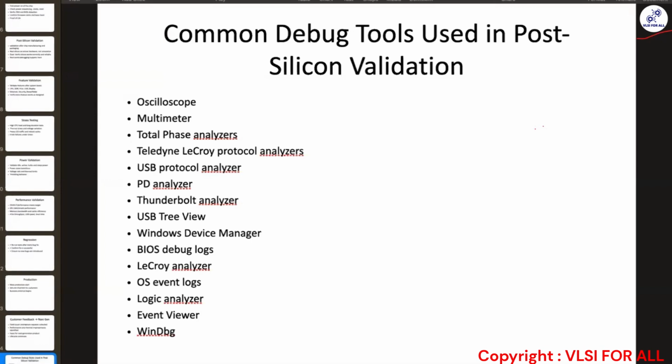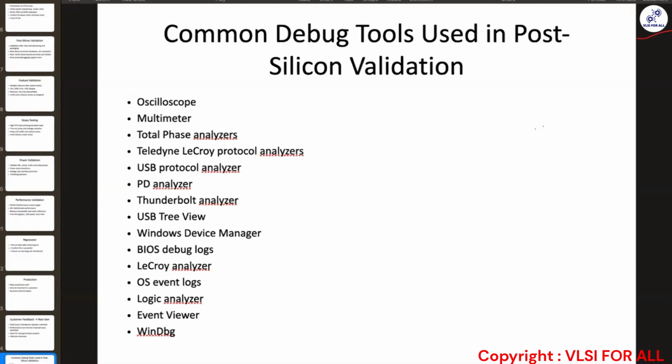Then you have your Total Phase analyzers. Total Phase you can use if you have some PD related problem. You can connect Total Phase and get the details. Then Lecroy protocol analyzers. Lecroy is used when you have a USB enumeration issue.